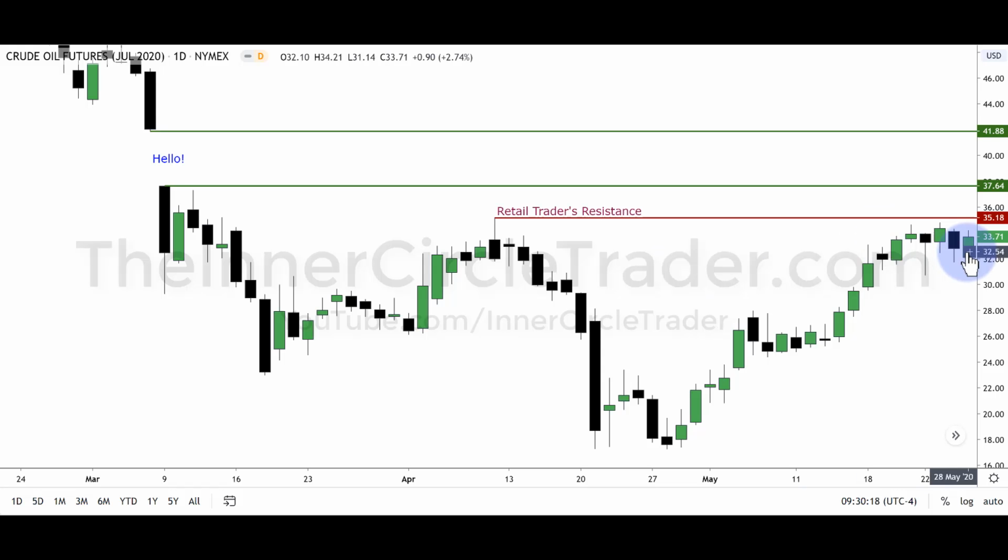So the expectation would be to see that high, which is 34.21, to be blown out, and if we can get a run further, we could see it run to 35.18, which is this high here, 35.18.